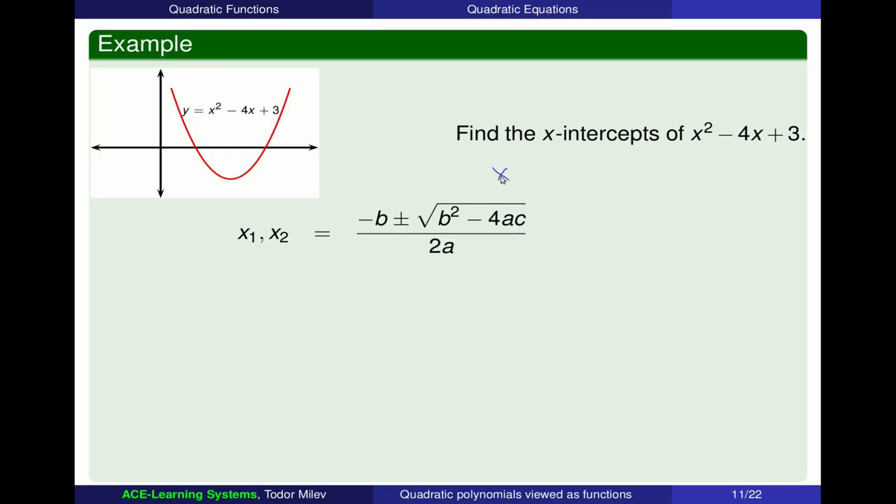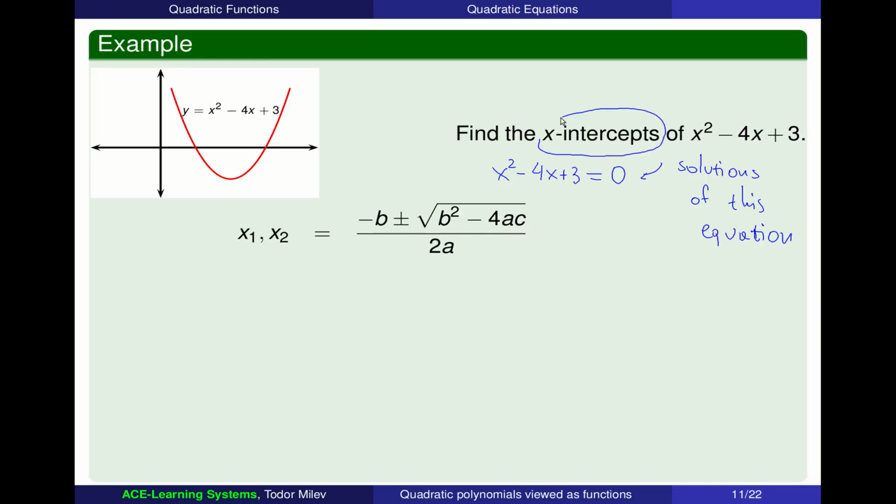So if you want to solve this equation, x squared minus 4x plus 3 equals 0, the solutions of this equation are the x-intercepts.